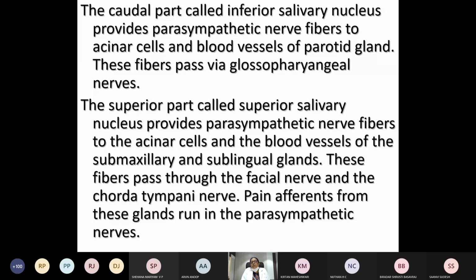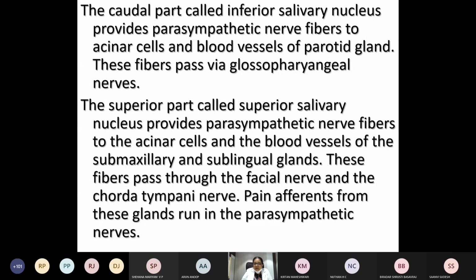The superior part, called the superior salivary nucleus, provides parasympathetic nerve fibers to the acinar cells and the blood vessels of the submaxillary and sublingual glands.